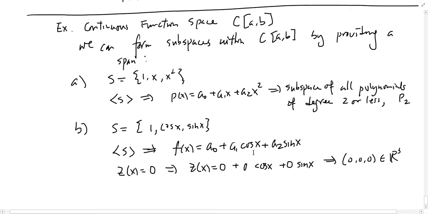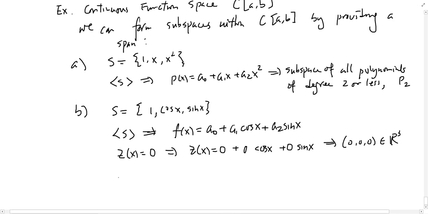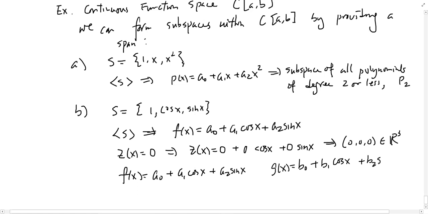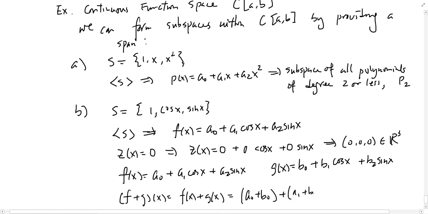What happens if I want to add two functions together? What if I have f of x equal to a sub 0 plus a sub 1 cosine x plus a sub 2 sine x, and a second function g of x, which is b sub 0 plus b sub 1 cosine x plus b sub 2 sine x. Then what is f plus g of x? Well, that becomes f of x plus g of x, which is a sub 0 plus b sub 0, plus a sub 1 plus b sub 1 times cosine x, plus a sub 2 plus b sub 2 times sine x.